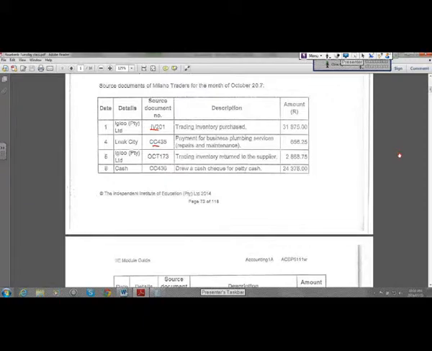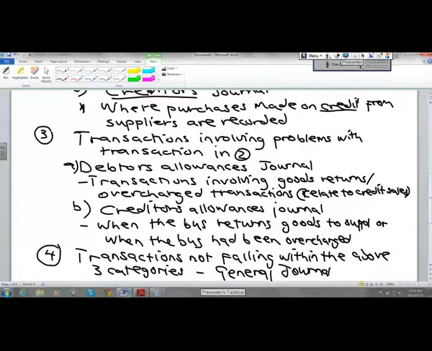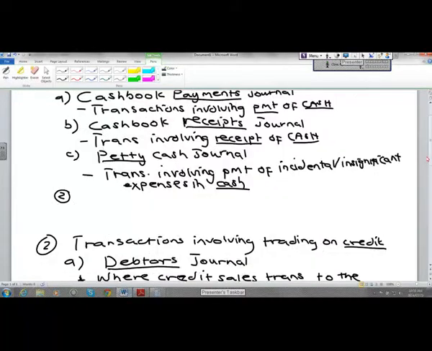We have the first category involving cash. So we say it's invoice, meaning it's not for cash, so it can't be in this category. So can it be in this category? Let's see.